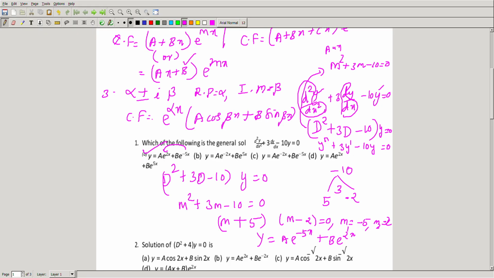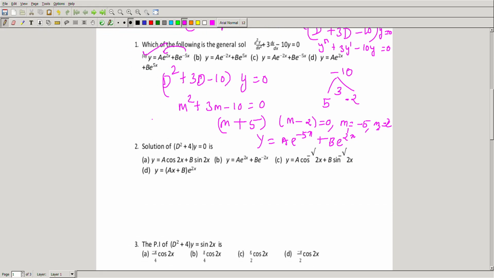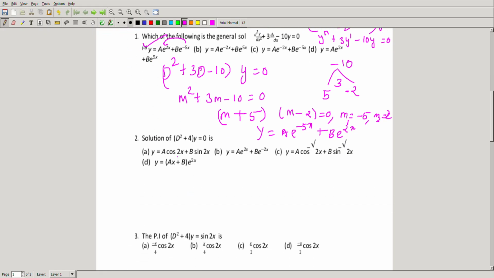Okay, got it? So similarly we'll try the second one, that is D square plus 4 into y equal to 0. So write the auxiliary equation: m square plus 4 equal to 0. Solving this, m square equal to minus 4. M is equal to the square root of this, that is plus or minus 2i, which means m is equal to 0 plus or minus 2i. There is no real part.